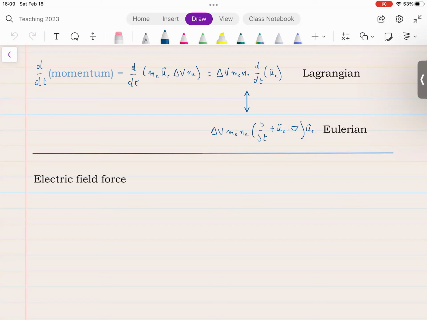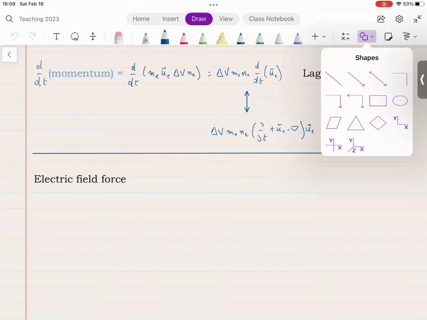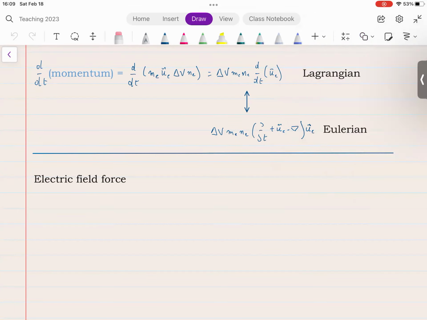First of all, the electric field is going to have an effect because I have charged particles, and each electron is going to have a charge equal to minus e, the elementary charge.